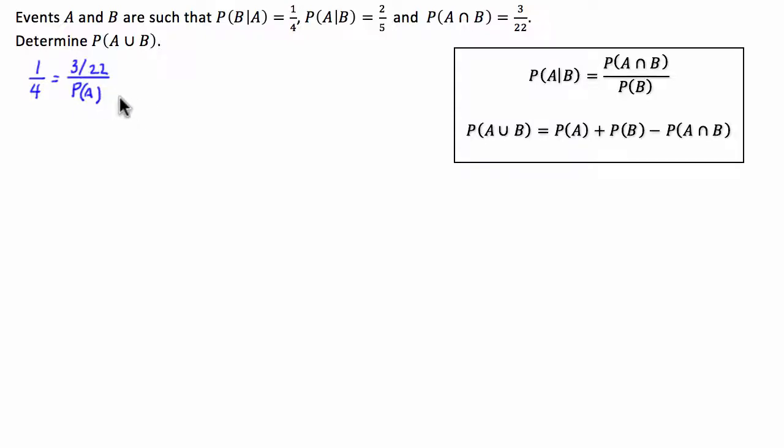What we can do is take the probability of A over to the other side and then take the quarter over, so we have the probability of A is equal to 3 over 22 divided by 1 over 4, which is basically 3 over 22 times 4 over 1, which is 12 on 22, which is equal to 6 on 11.